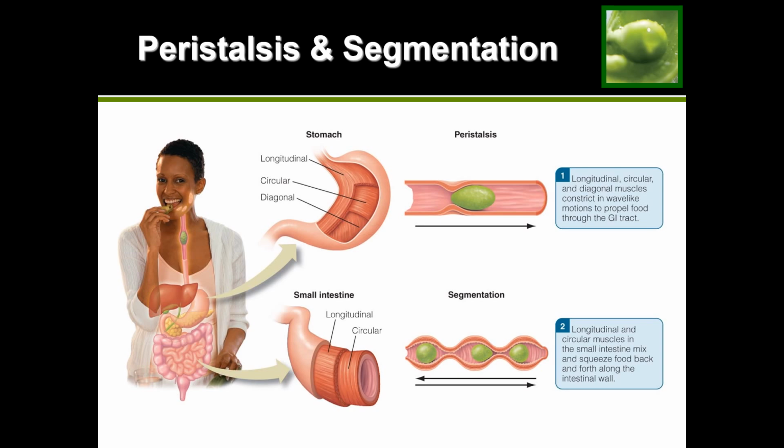So both of these, peristalsis and segmentation, are a result of the contraction and the release of the muscles of your digestive system. But peristalsis is when the contraction and the release moves food along. Segmentation is when it basically breaks apart the chyme into smaller pieces or smaller segments.